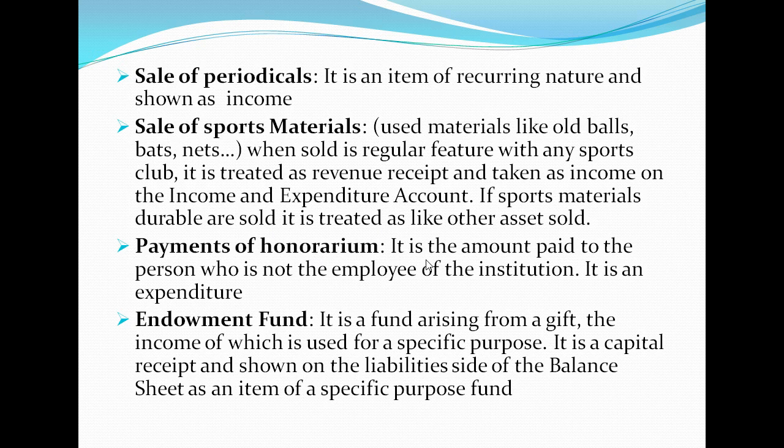Payments of honorarium. It is the amount paid to a person who is not an employee of the institution. It is an expenditure which should be shown as an expenditure in the income and expenditure account.